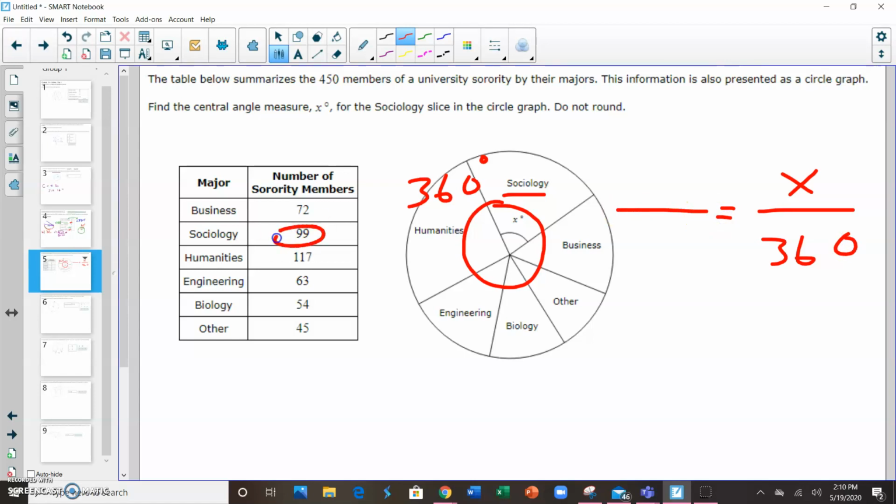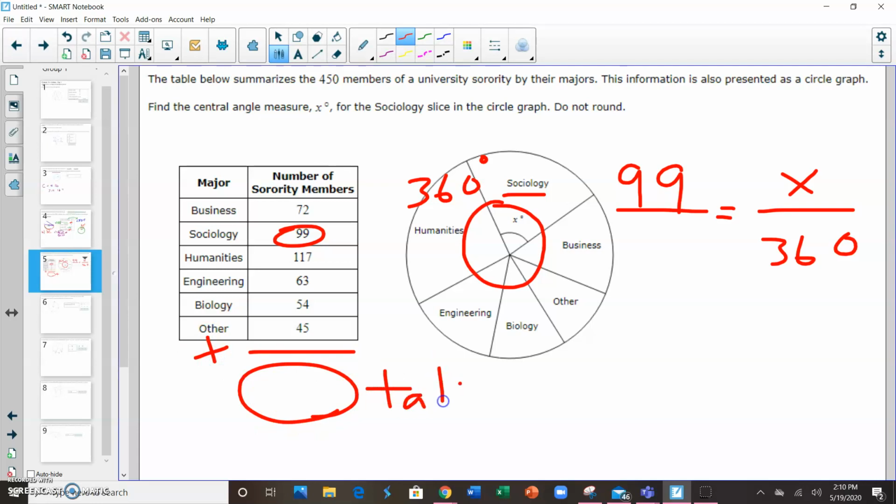Sociology is 99. That's going to coordinate with the number of degrees. So then I would just add all those up, and whatever this total is is going to go right there. And then you would just cross multiply.